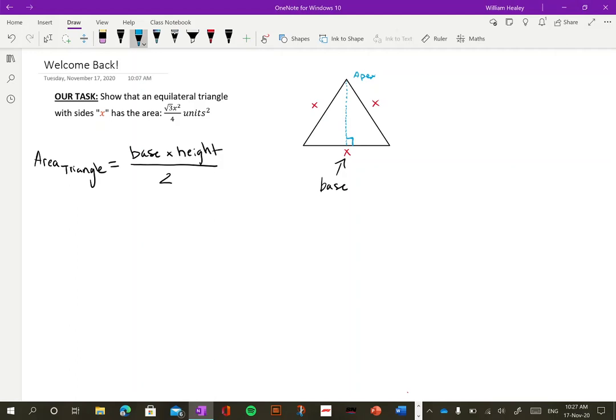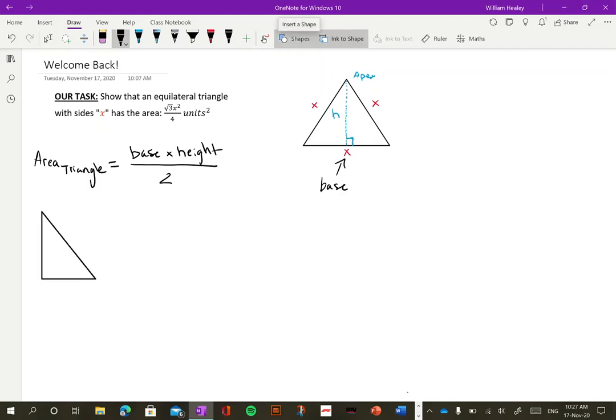We don't know this value, and I think that's a really good way to start, by looking to find the height of this triangle. Call this h. When we draw this line, it bisects the triangle into two triangles. So let's hone in on one of the triangles. You should notice that it forms a right triangle.